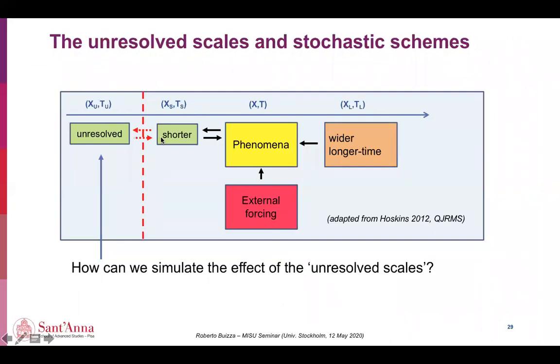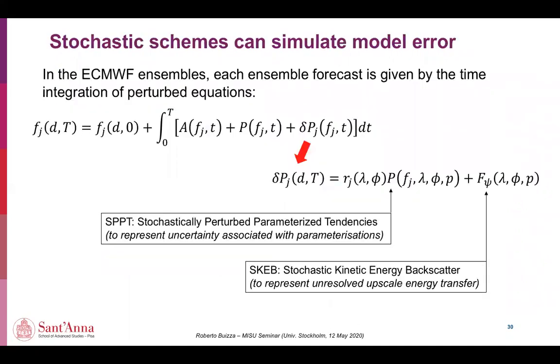So how can we represent the effect of these small, unresolved scales on the larger scales simulated in the model, so that we can have a more accurate simulation of the phenomena we are more interested in, like synoptic scales in the extratropics, organized convection in the tropics, and so on.